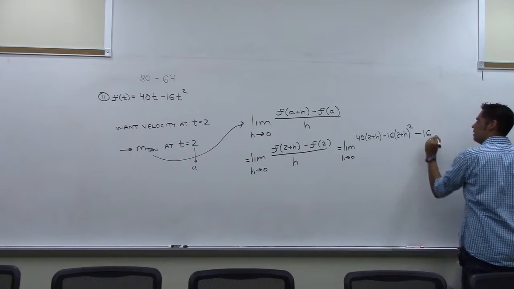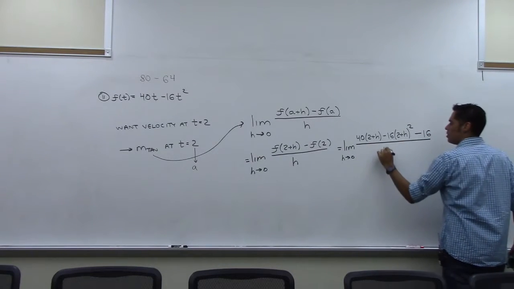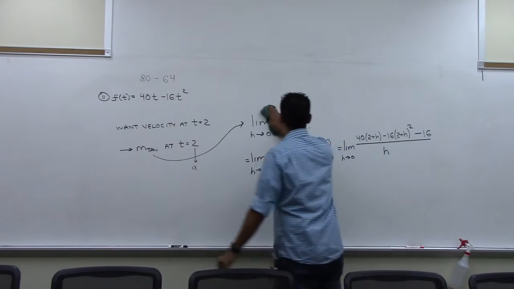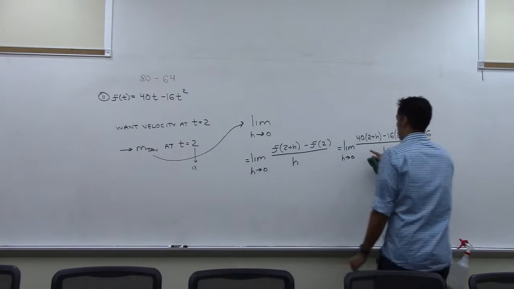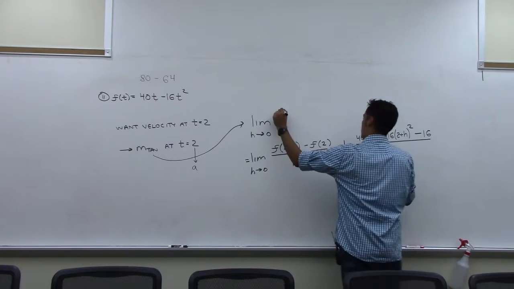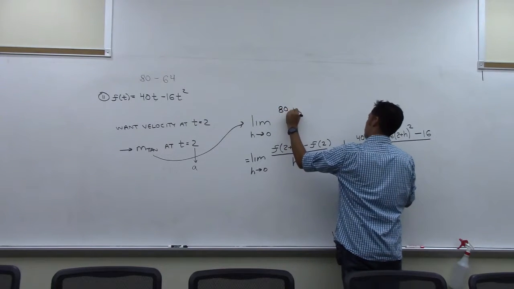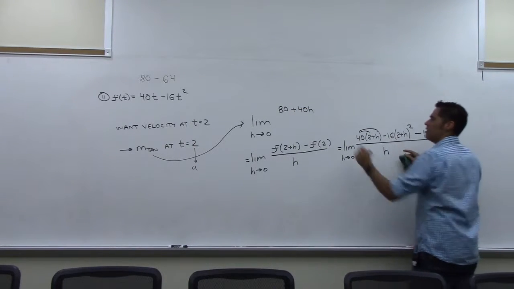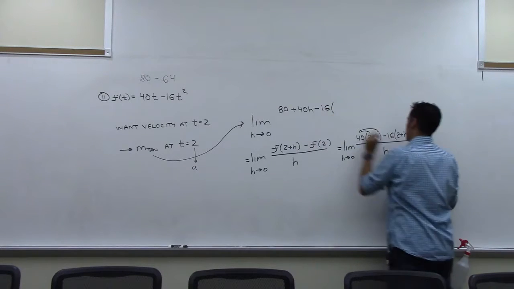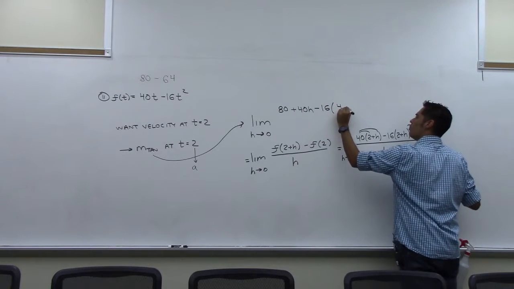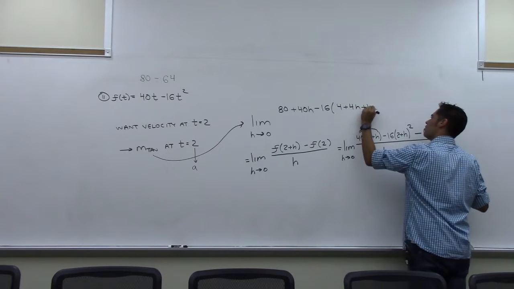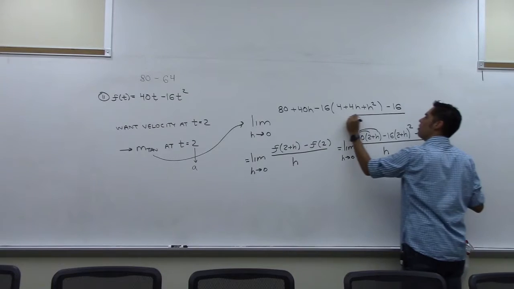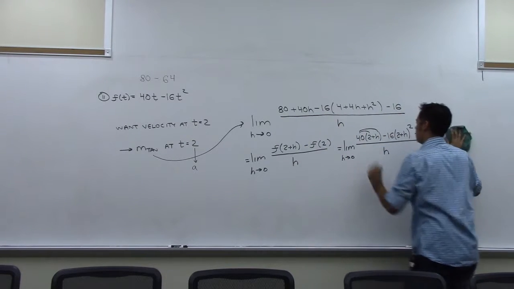So I get 16 all over h, which is equal to the limit, let me pass the 40 through, 80 plus 40h, okay, that's this and this, minus 16 times this thing squared, which is 4 plus 4h plus h squared. You do that on your own. Minus 16, all of this over h.